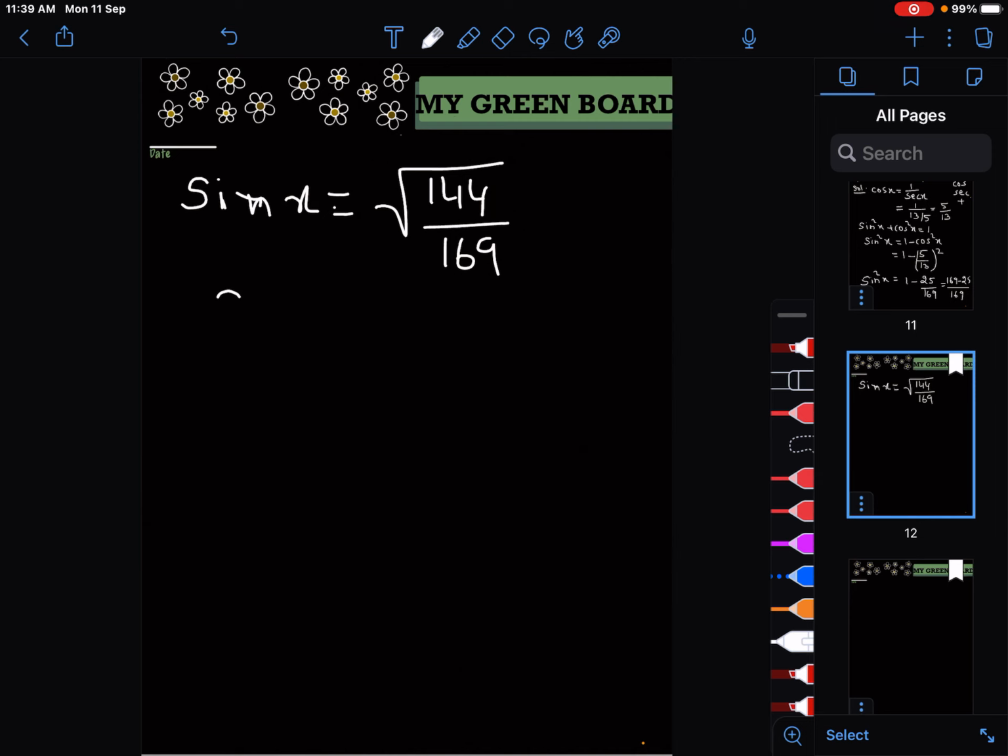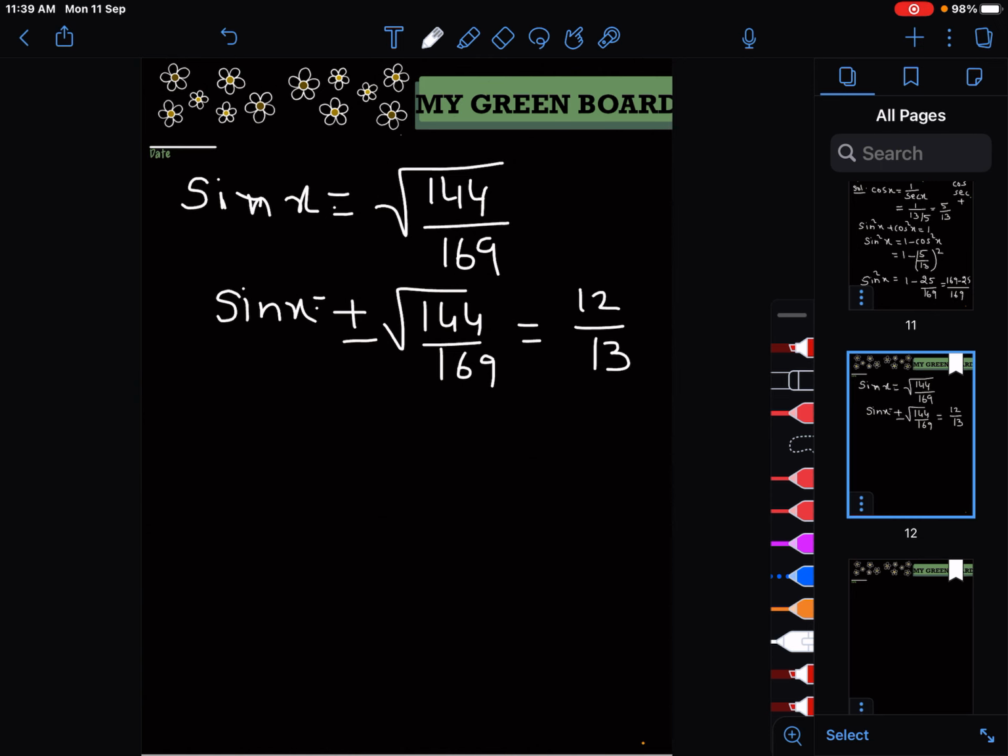So sin x value is plus or minus root of 144 by 169, which will be equal to 12 by 13. Since it's plus or minus, in the fourth quadrant, other than cos and secant, the rest are all negative. So this is a sine value, so it will be negative.